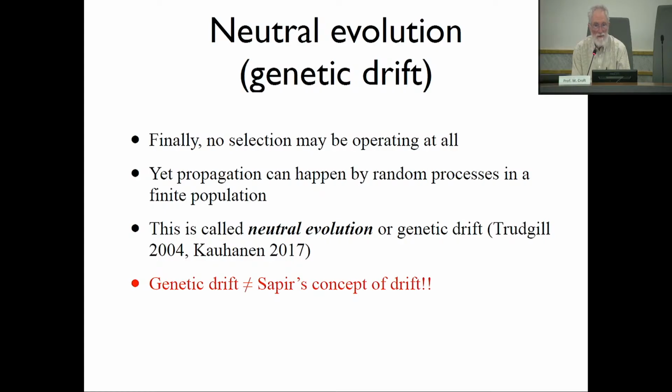I cite a couple of linguists who appeal to that theory, that Trudgill theory I mentioned before, and then another theory that was published a few years ago. And the important thing for linguists to know is genetic drift does not mean Sapir's concept of drift. Sapir's concept of drift means everybody's going to start changing from an old variant to a new one in a kind of mysterious process.